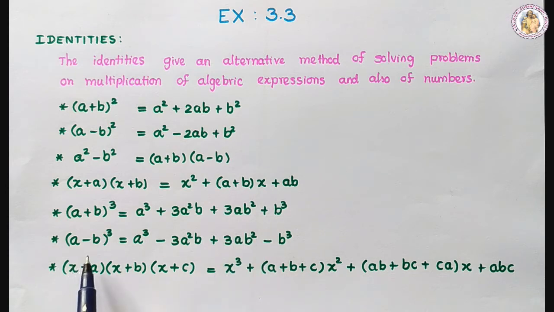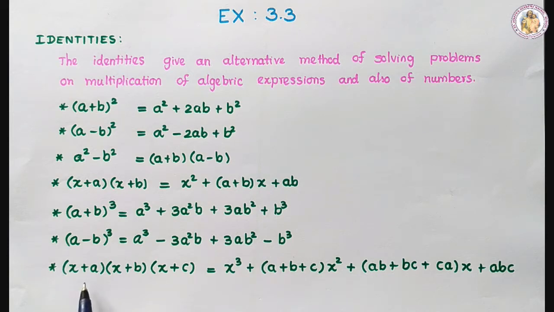And A minus B whole cube equal to A cube minus 3A squared B plus 3AB squared minus B cube.